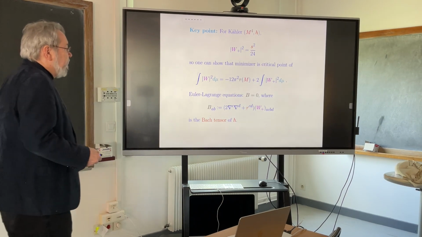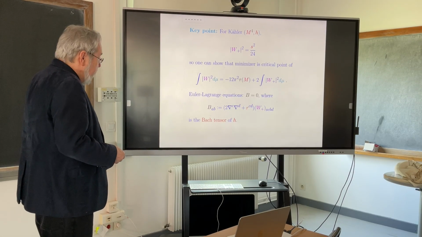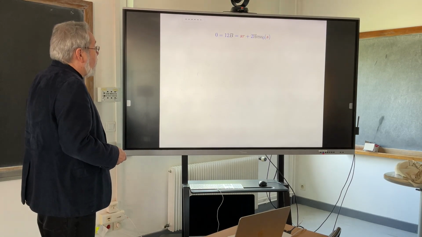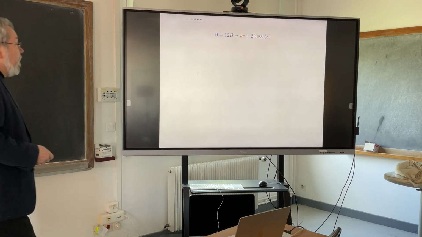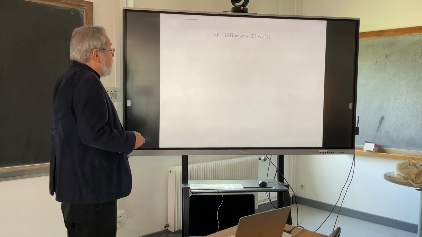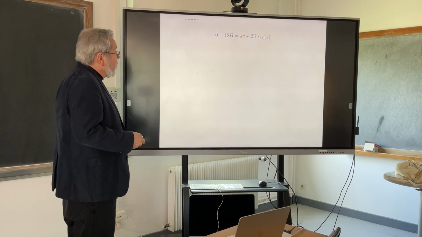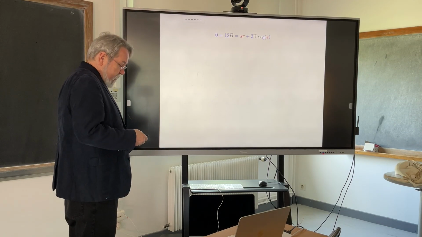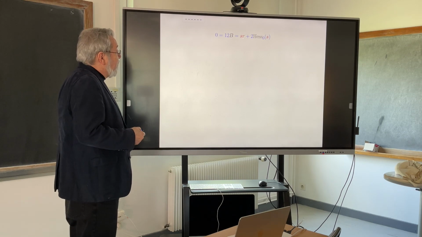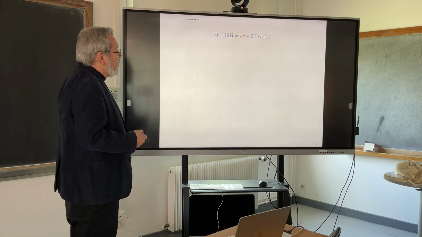And here I could have written this as the trace-free Ricci tensor because W plus is trace-free. So if you look at the formula for the vanishing of the Bach tensor, in the special case where the metric is Taylor, then what you're asking for boils down to something that's the scalar curvature times the trace-free Ricci tensor plus twice the trace-free part of the Hessian of S.